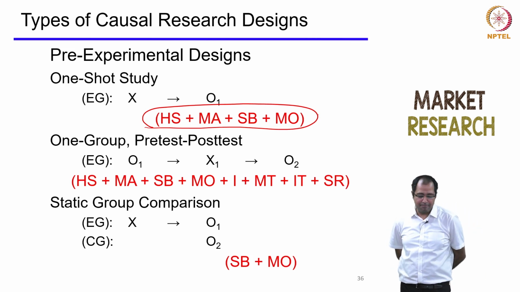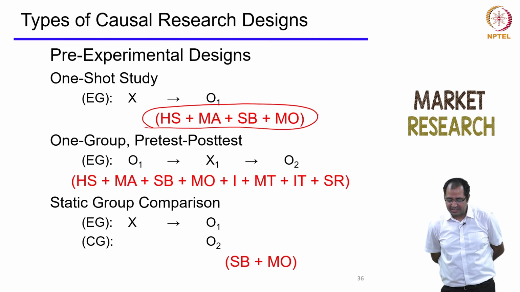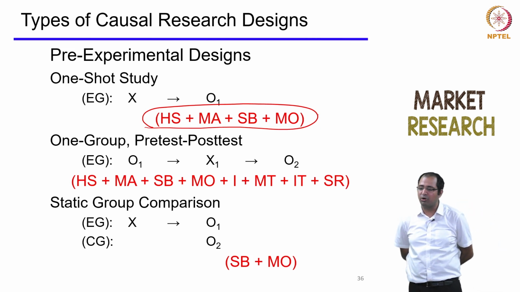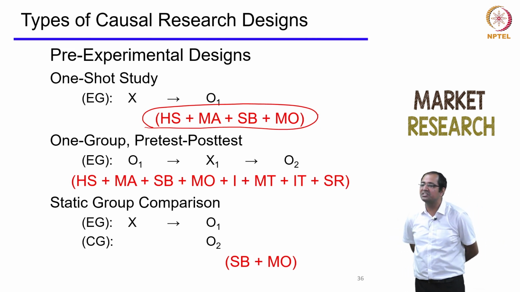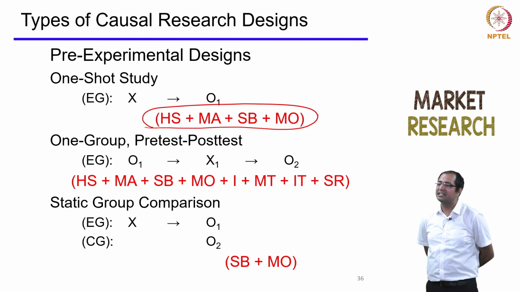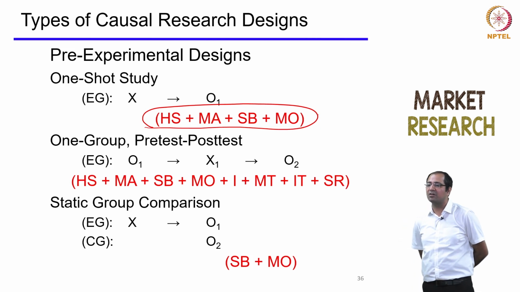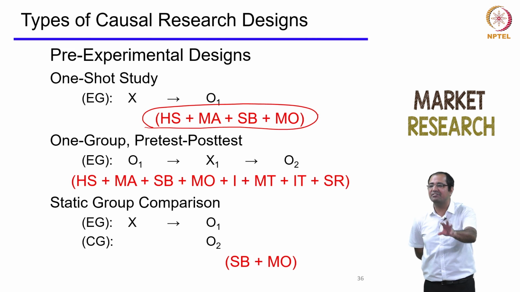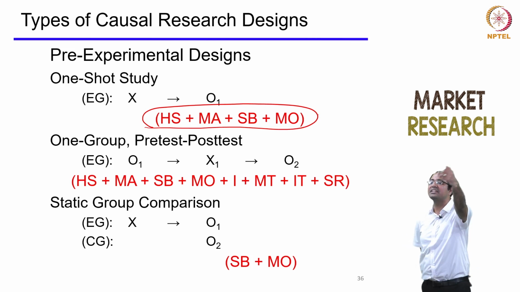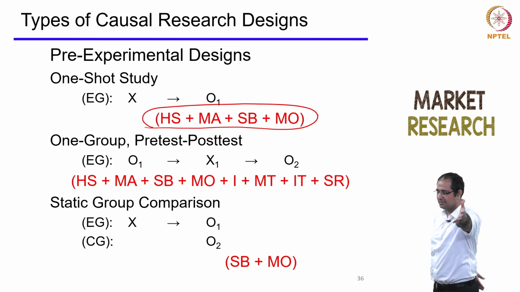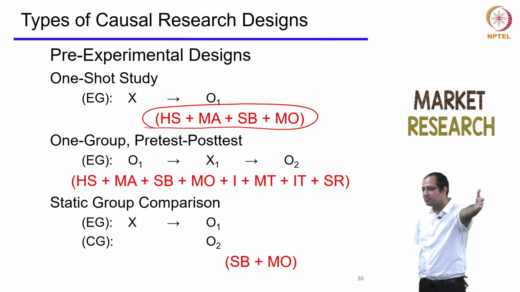History, MA is maturity, SB is selection bias, MO is mortality. All these have impact in addition to X having impact on the observation. It is simply saying you gave the treatment and then you noted down the Y variable.